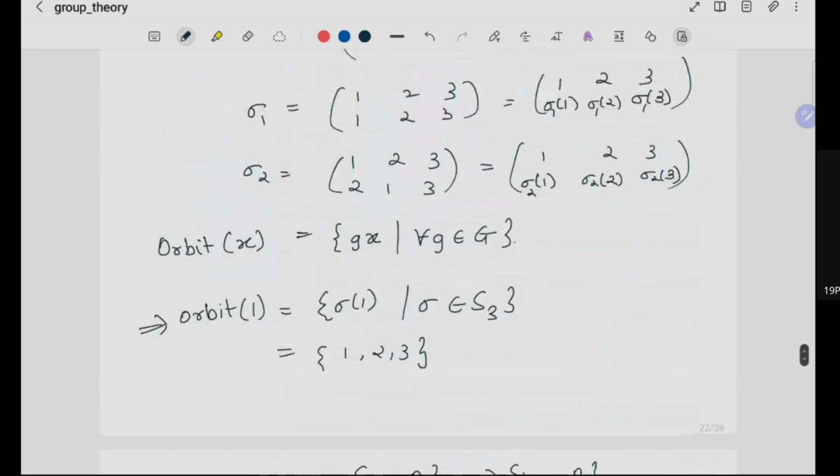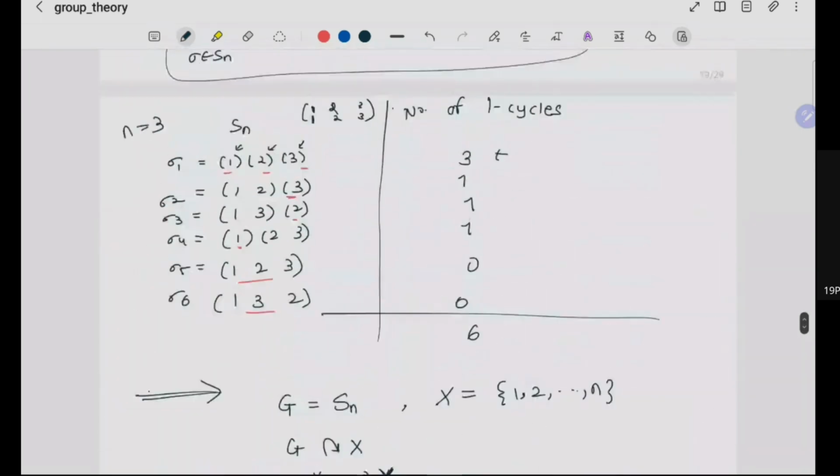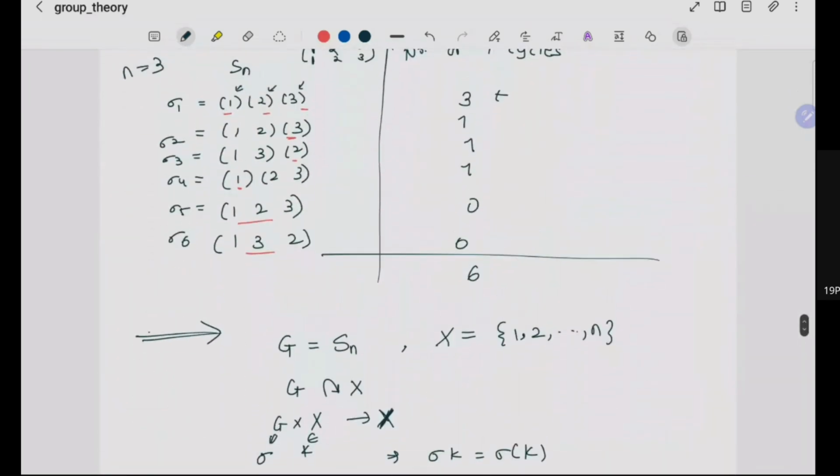For example, consider this set only. If I want to find the orbit of 1, it is how this sigma takes 1, for all the sigmas.